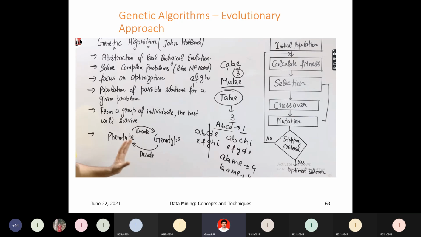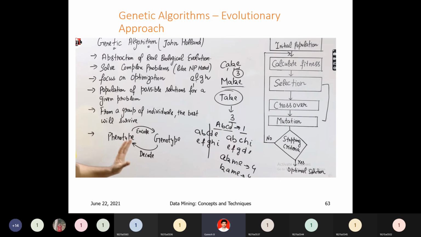Because the main intention of any algorithm is to get the good result, the best result. This genetic algorithm also mainly focuses on optimization, the best result. So from father or mother or other genes, from relatives' genes also, you take all the genes from that particular family.